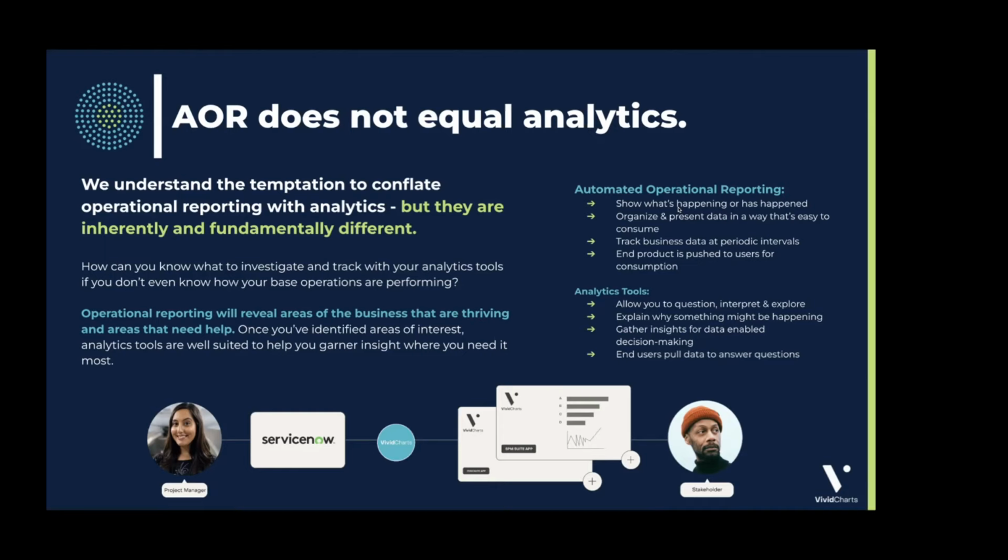But when it gets put in the same bucket as an analytics discipline, that's where it gets a little bit complex. An analytics discipline for a large enterprise is a very complex discipline that may sometimes involve data from other platforms. And that's where it really makes sense to be in a BI platform. But because reporting gets put in that same bucket, we end up overcomplicating something that should be easy and automated out of the platform where the work is happening.